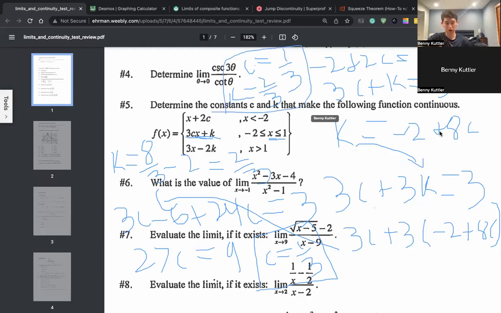Now, if we want to, we can try to plug these back into the equations to see if they work. So here, if we plug in c is 1/3, we'll have 1/3 times 3 is 1, so x plus k, and k is 2/3, so x plus 2/3.